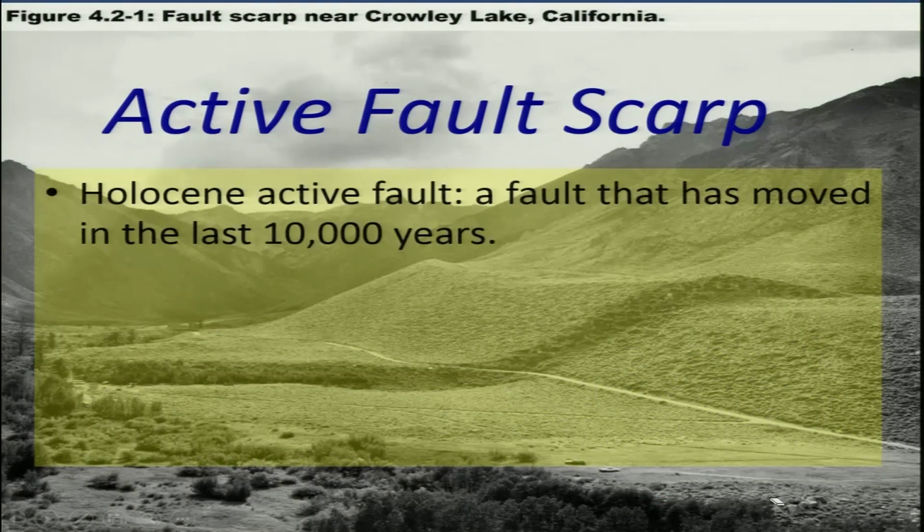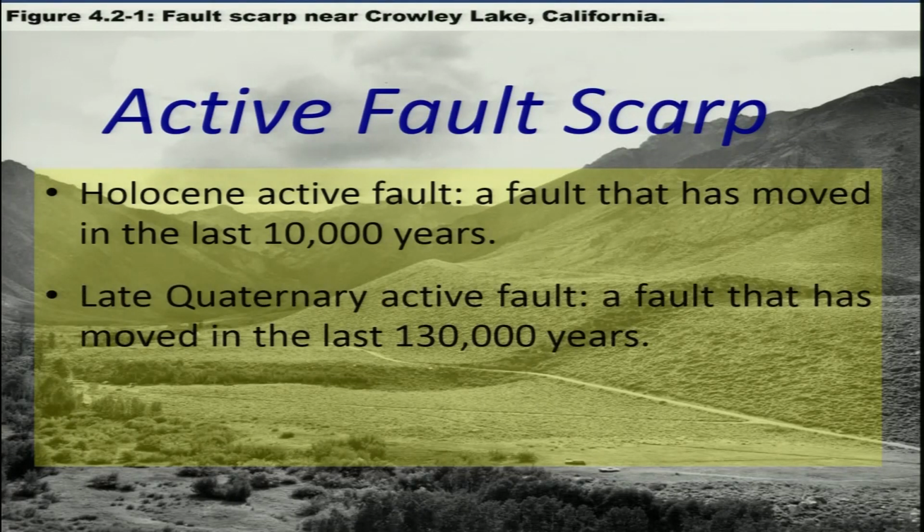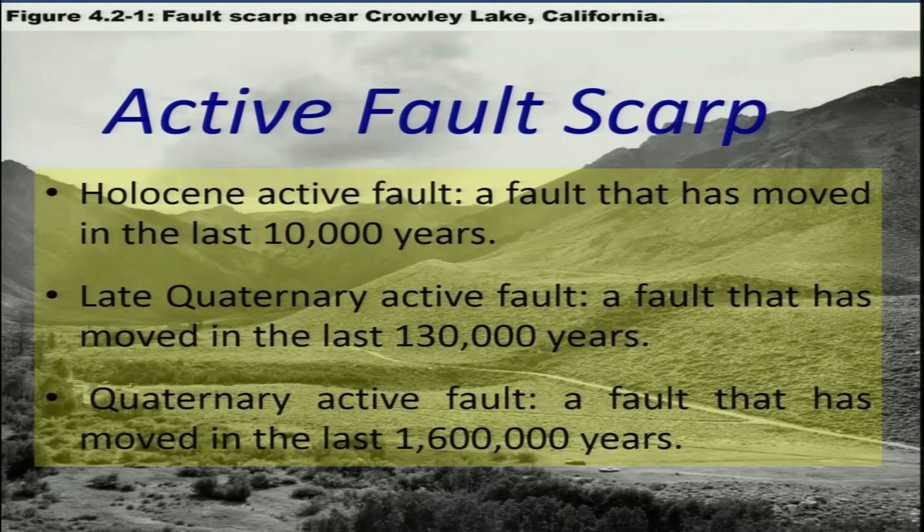So, active fault scarps. Holocene active faults: a fault that has moved in the last 10,000 years. Late Quaternary active fault: a fault that has moved in the last 130,000 years. And Quaternary active fault: a fault that has moved in the last 1.6 million years.